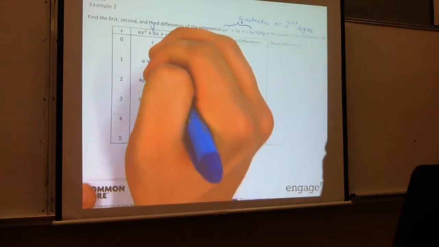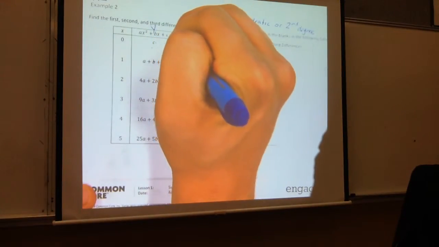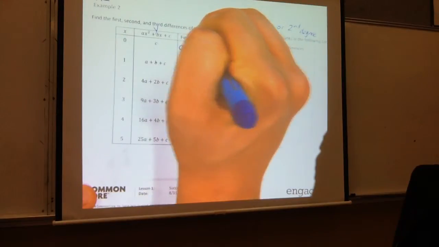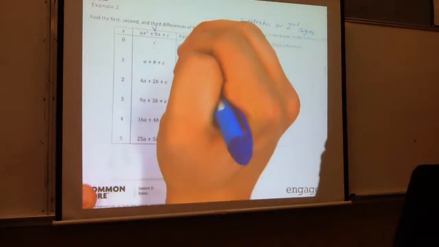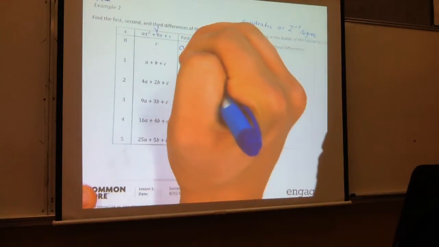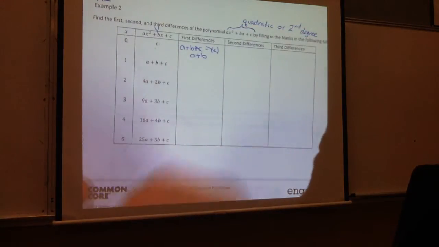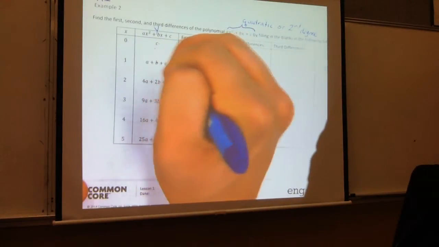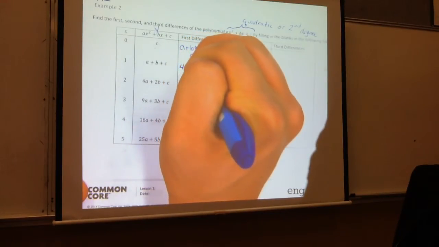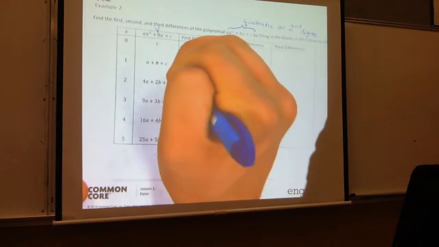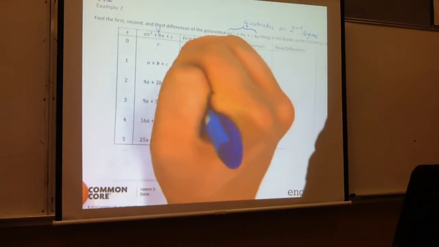So to find the first differences, we're going to subtract consecutive terms. So a plus b plus c minus c. And when we subtract c, these cancel, and we're left with a plus b. When we do the next one, we have to be very careful to make sure that we're subtracting the quantity. 4a plus 2b plus c minus the quantity a plus b plus c.